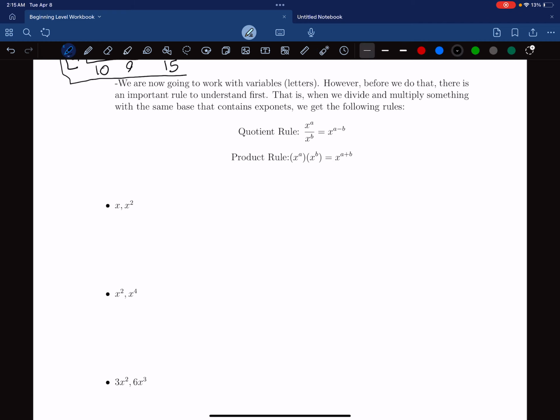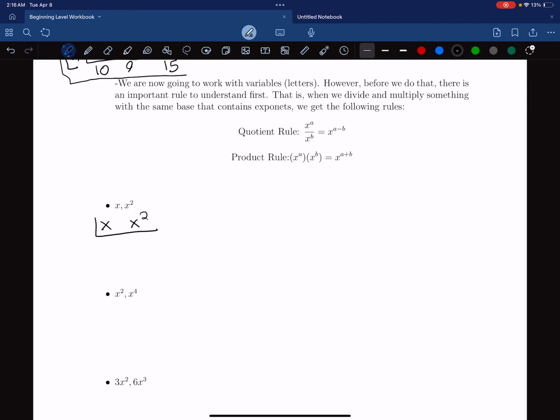So let's first start off by doing this ladder. So we're going to write out an x and an x squared. And now we have to think, is there something that this x and this x squared have in common that we can pull out?